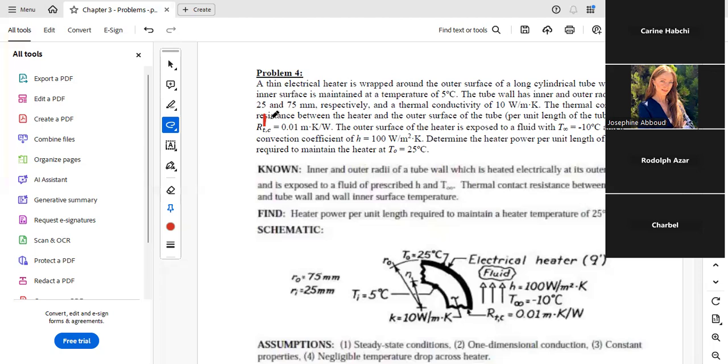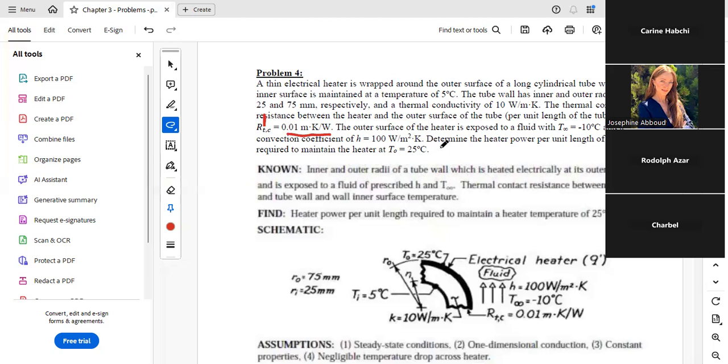So this is a resistance per unit length. From the unit you can know what resistance is given. The outer surface of the heater is exposed to a fluid with T infinity minus 10 degrees and a convective coefficient h equal to 100 watt per meter square Kelvin.